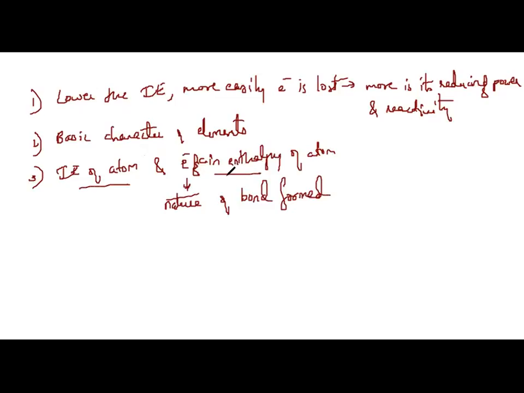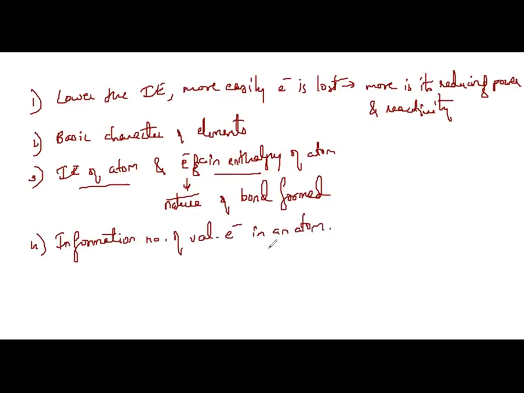Next, the ionization energies tell us information regarding the number of valence electrons. Based on the ionization energy, we can say how many valence electrons are there in an atom.